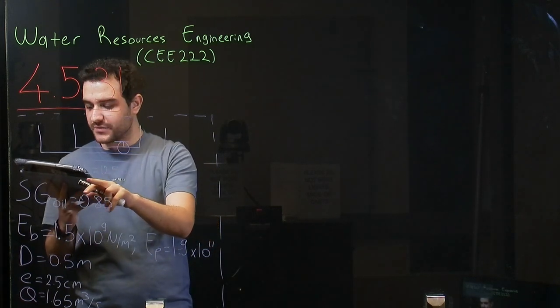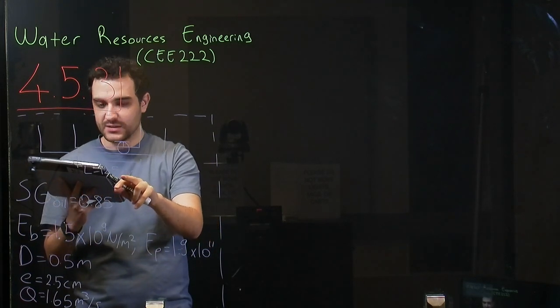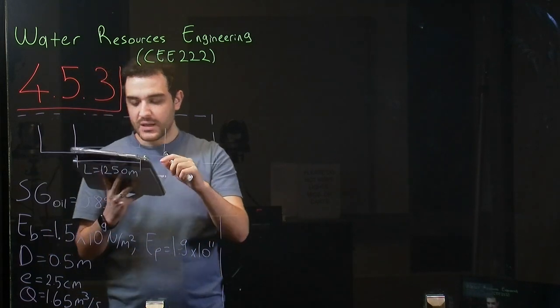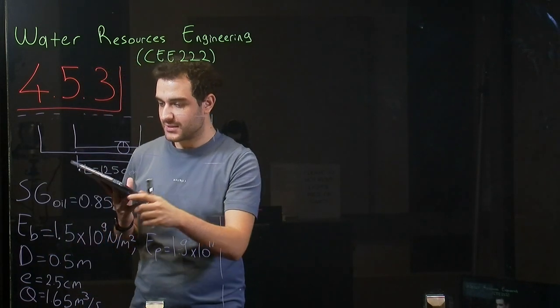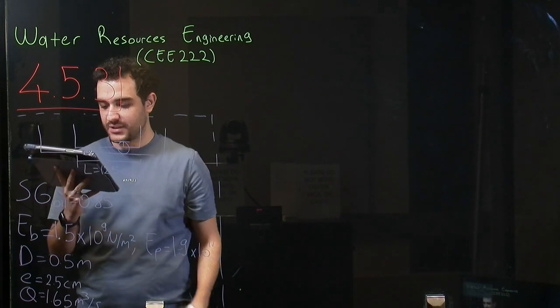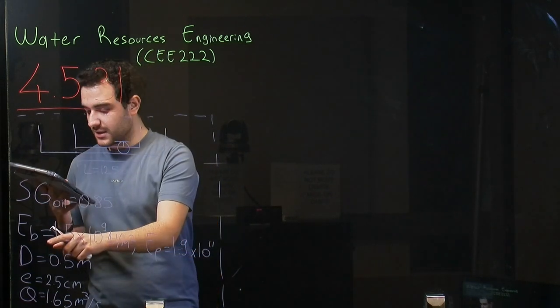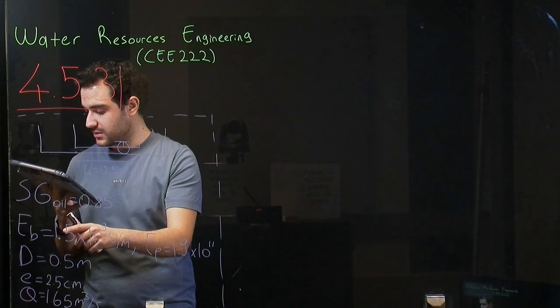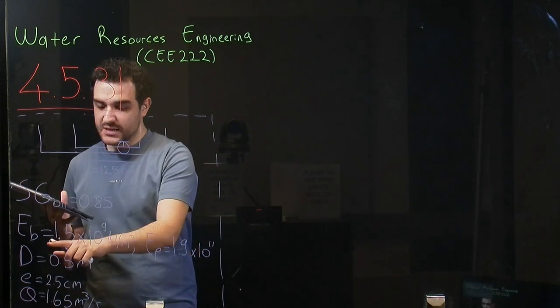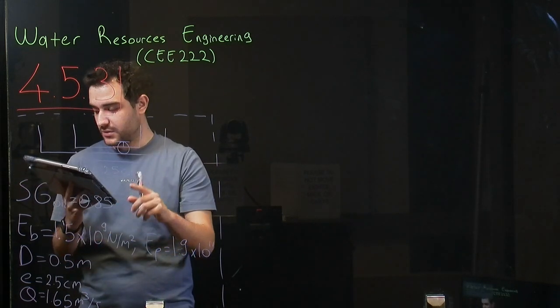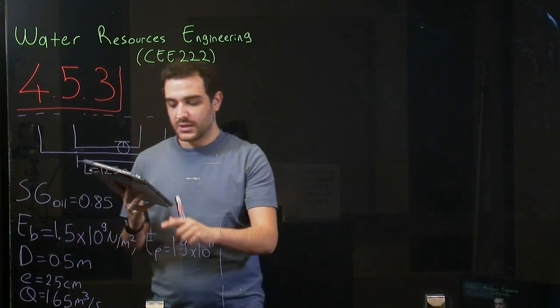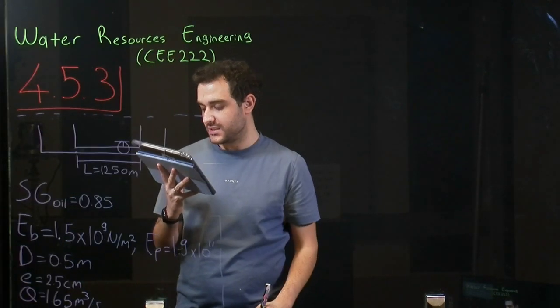So the length of the pipeline is 1,250 meters, and it carries oil, as I mentioned. The specific grade of oil is 0.85, and the bulk modulus of elasticity of water is 1.5 times 10 to the power of 9 Newton divided by square meter.